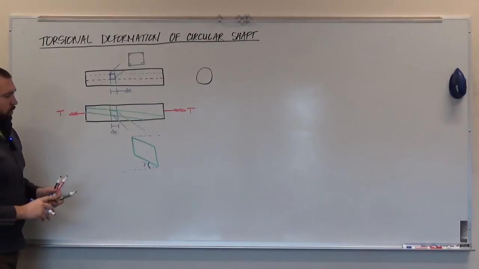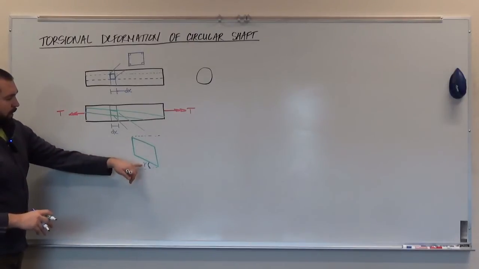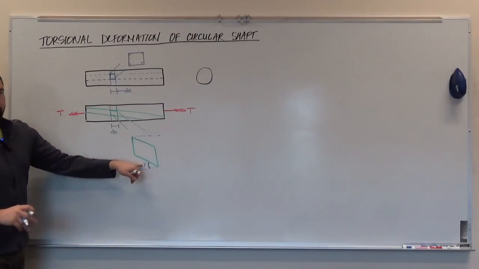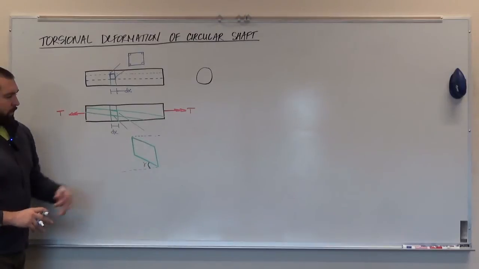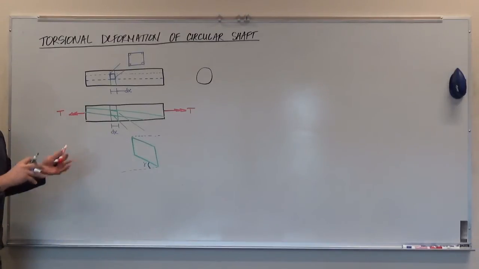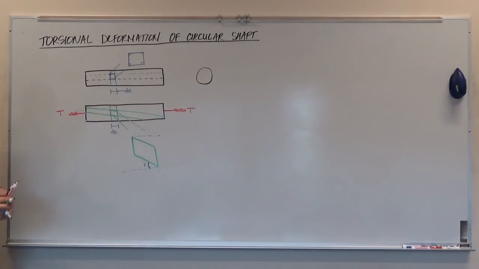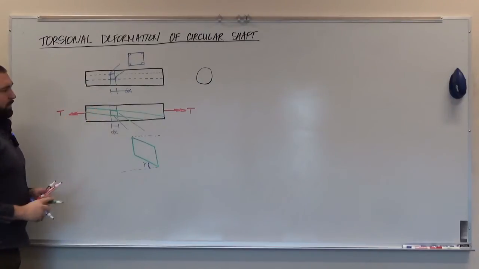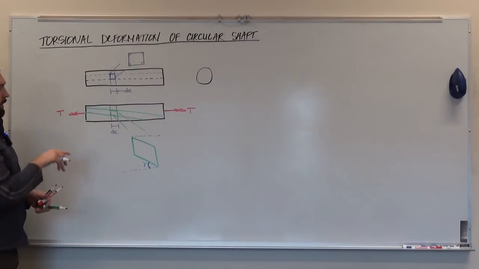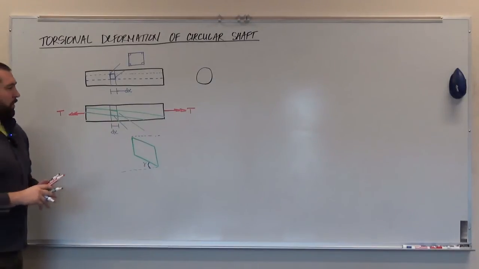So we're trying to figure out how we get to measure this shear strain, gamma, and we're trying to relate that to the actual angle of twist that we see in the shaft, or the change in angle of twist from one section to the other. So right now we're looking at the shaft on the side. We're going to switch it up a little bit, and we're going to start looking at it on the section itself.